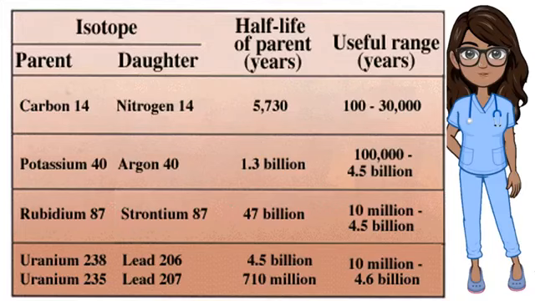Uranium-238 and uranium-235 produce lead-206 and lead-207 respectively. This table also shows the half-life of parent isotopes. For example, carbon-14 has a 5,730-year half-life, and its useful range is from 100 years to 30,000 years.